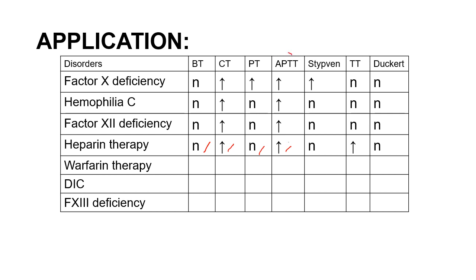Kasi, di ba, yung APTT is used solely for heparin therapy. Your PT is for warfarin therapy. Stiff vein time, normal. Thrombin time, prolong. Di ba? Ang thrombin time ay ginagamit for heparin therapy, while your reptilase time, hindi ginagamit. Duchert's test is normal.